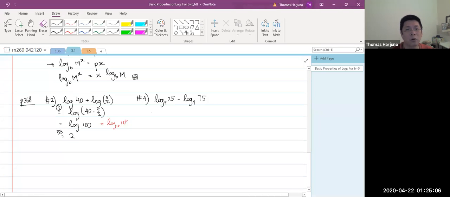This is equal to, using property number 2, the difference of logs equals the log of the quotient. So the base is 9, and we get log base 9 of 1/3.